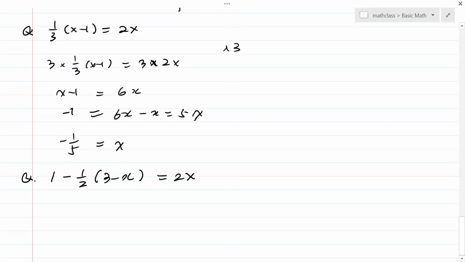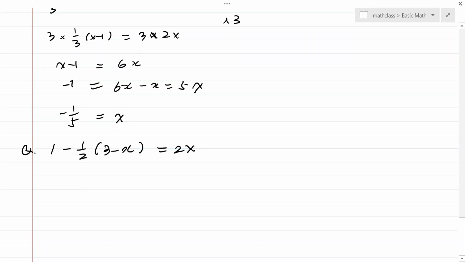To solve this problem, there are a couple of ways. You can multiply the left-hand side, remove the parentheses, and simplify. But since it involves fractions, it's better to get rid of fractions first before you do the computation. You multiply by 2 on both sides.